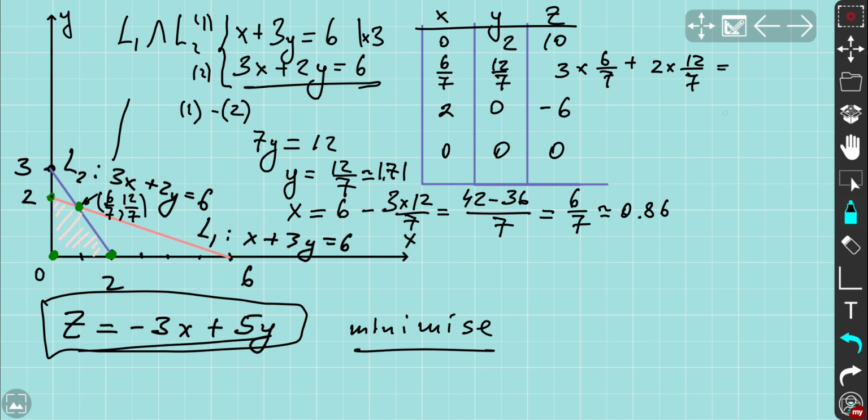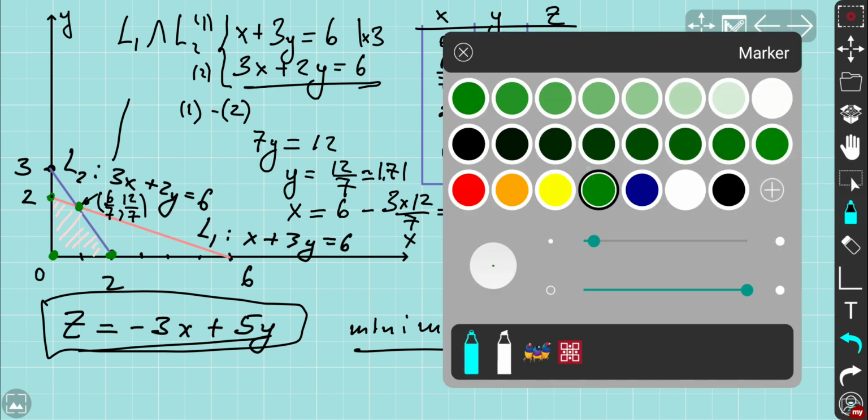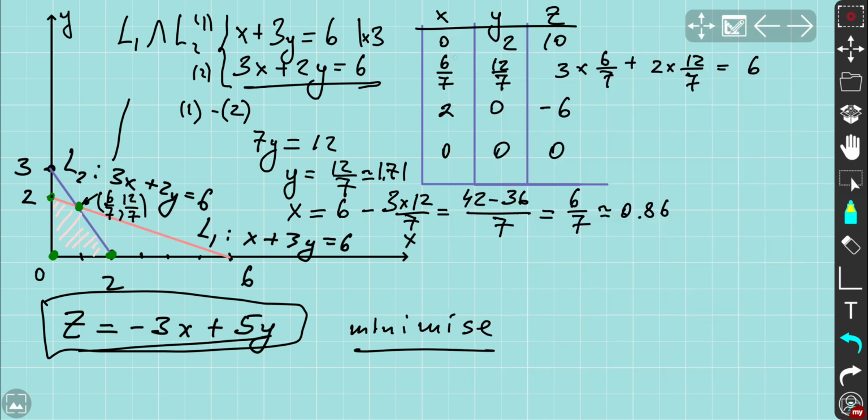Okay, let's calculate that now. So 3 times 6 over 7, on top of that, 60 over 7. Oh, we've got positive 6. So that's definitely not a minimum value. That's why the minimum value is right there, and I just highlight it as the solution.